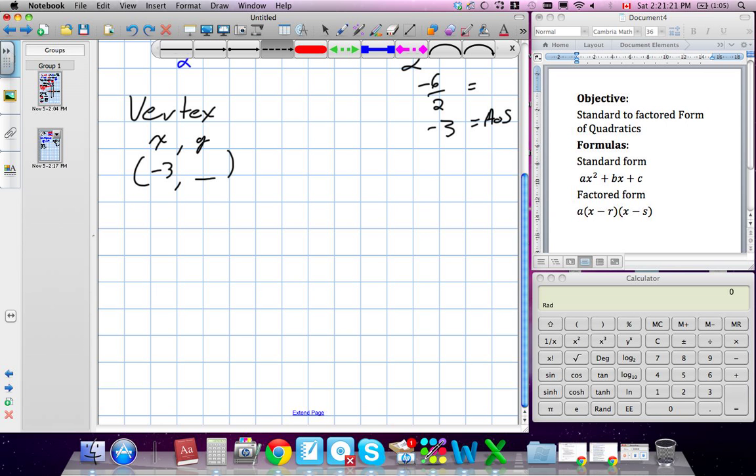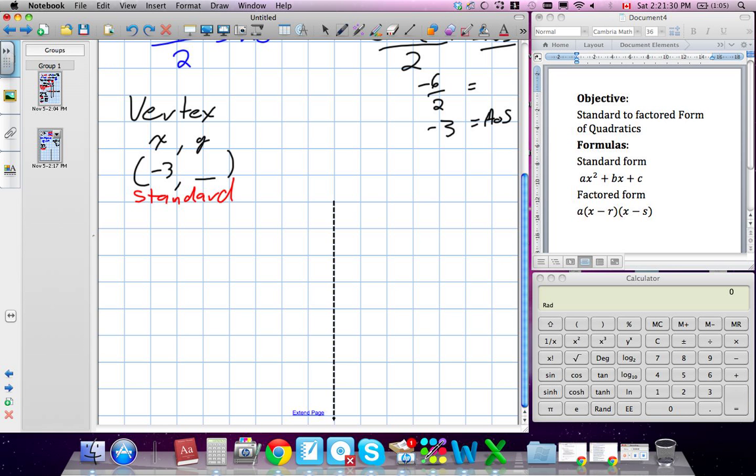Both give us the same answer. Our standard was y equals 2x squared plus 12x. And our factored was y equals 2x times (x plus 6). And there's our factored.